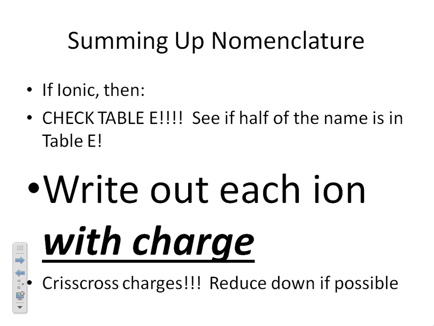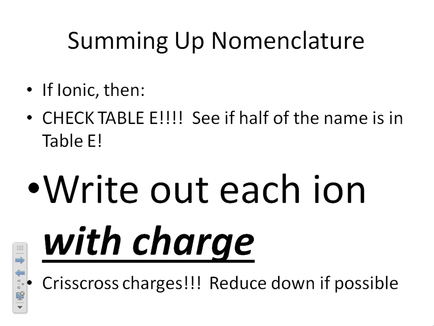Once you've looked in Table E, if you have found half the name in Table E, write the formula. If not, then it's just a monatomic ion, meaning it's just the element on its own with the charge listed, first charge listed on the periodic table for the nonmetals, right? Nonmetals, we just use the first charge listed.